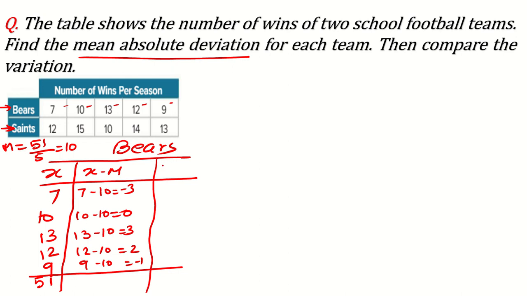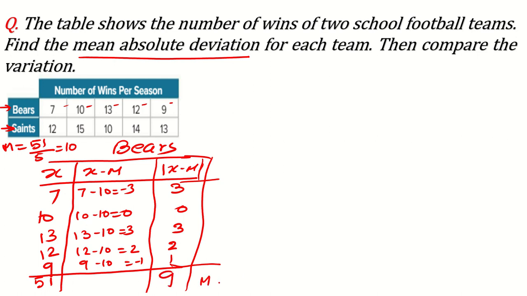Now take the absolute value of x minus m. You make all the numbers positive. So it will be 3, then 0, then 3, then 2, and then 1. Their addition will be 3 plus 3, 6. 6 plus 2, 8. 8 plus 1, 9.